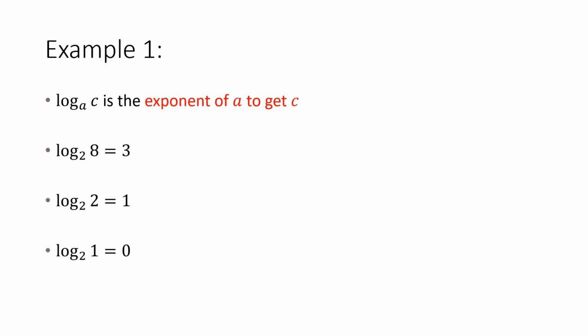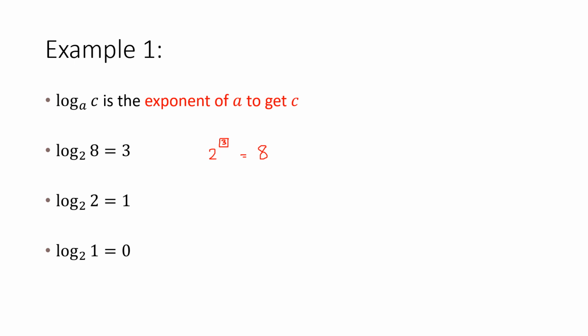Okay, so let's go through some examples. We know that log base a of c is the exponent of a to get c. So what exponent of 2 gets us 8? Well, that's going to be 3. So log base 2 of 8 is 3.